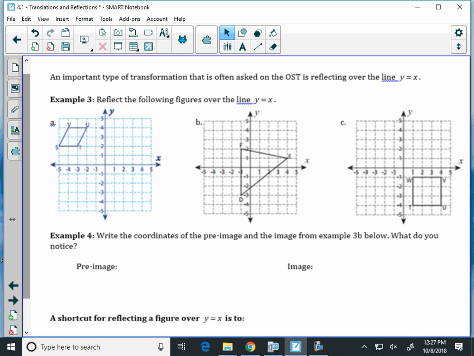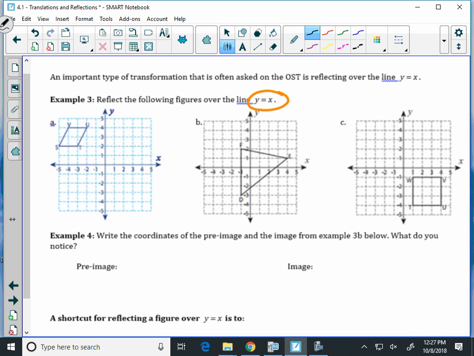And I'm going to show you a shortcut that might be easier, just in case you forget how to graph this line. To graph the line y equals x, it's like the first line you probably ever graphed. Most basic, so think back to your pre-algebra days.